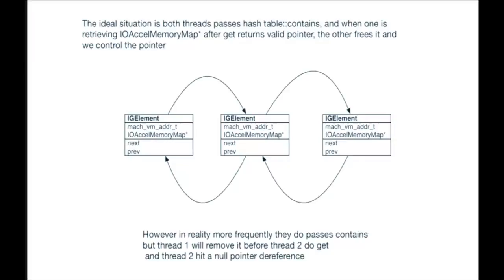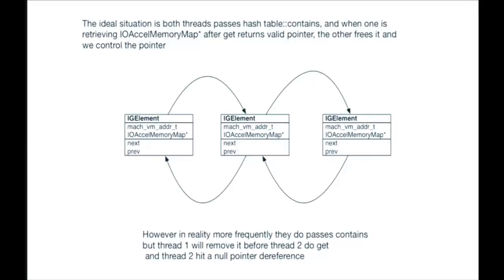And so the ideal situation that we originally imagined was that if we race the threads, they will pass the hash table's contains check. And when one is retrieving a pointer from this element, the other will free it, and we can fill something in this freed element and get RIP control, to get the instruction pointer control.